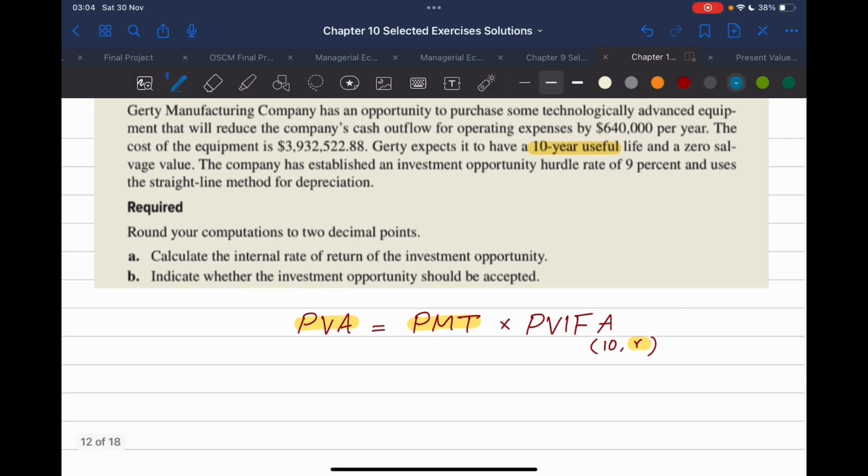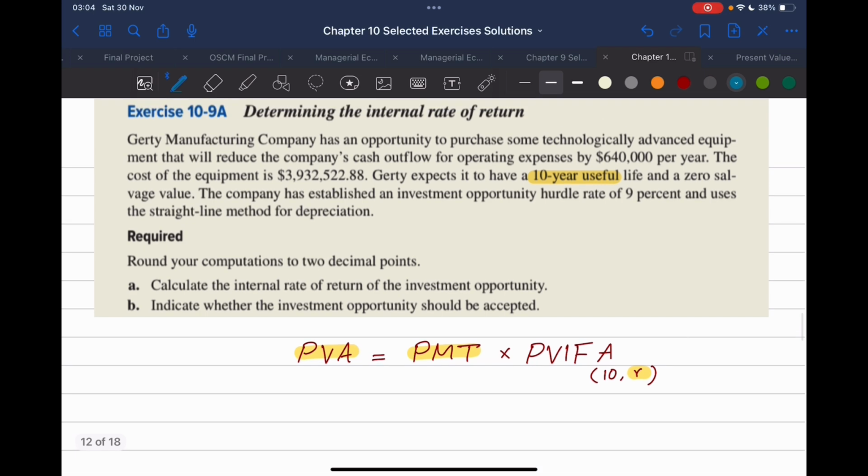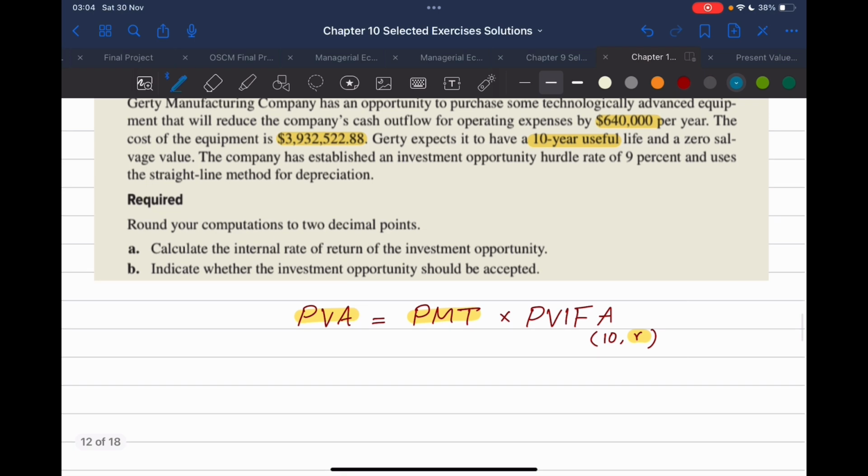So let's substitute here. Going back right here, this is the payment, $640,000 per year, and the present value of the annuity is given to us right here, this very specific number that we have read in the question.